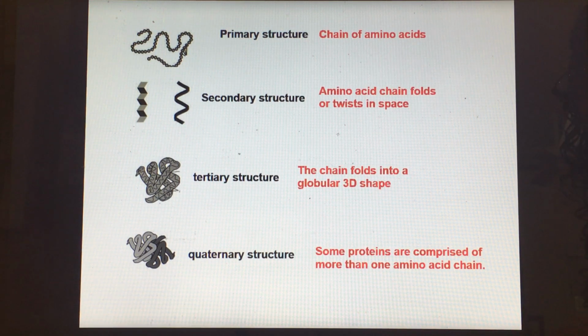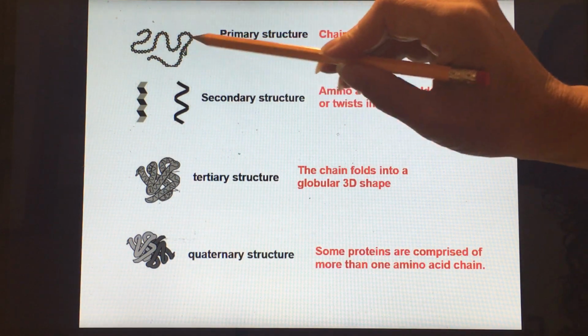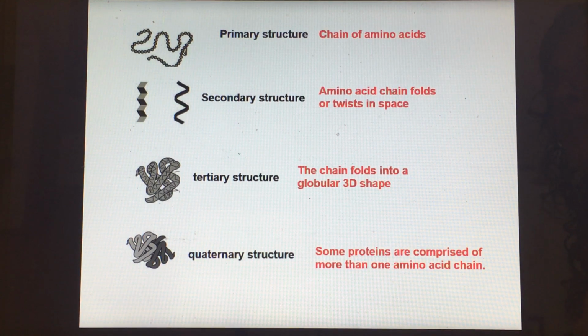So what is different from one protein to another? And let me tell you, there are a lot of different types of proteins. It is the sequence of amino acids. So all proteins pretty much have all of the exact same 20 amino acids, although there are some proteins that don't have all 20 of those amino acids. But all proteins have the same amino acid alphabet, that 20 different amino acids.